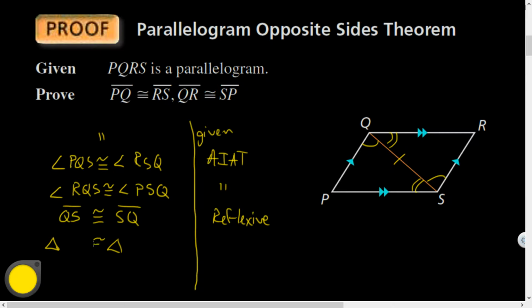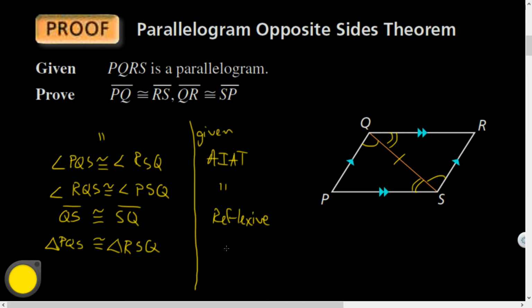Dare I try to name these triangles? I'll do PQS, I guess. Then the next one would be R to S to Q. I started with P, the one away from the side. You could have named these triangles six different ways, so as long as you've lined up the corresponding parts, you're good.